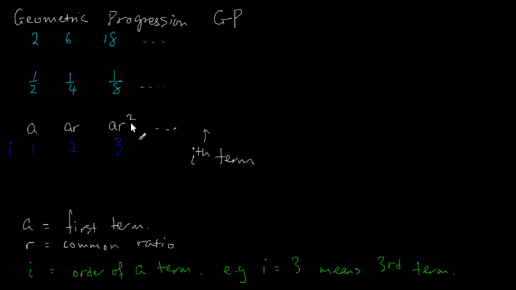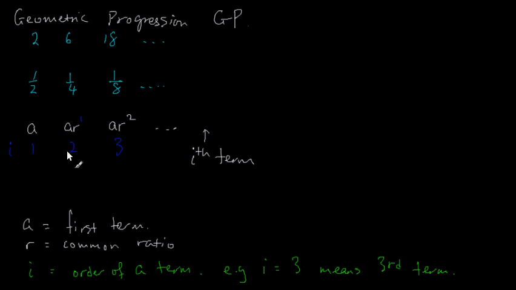I is 3, we have the third term, and so on. Now notice something. When I is 1, there is no r. When I is 2, we have just r, which is the same as r to the power of 1. When I is 3 for the third term, the power of r is 2.